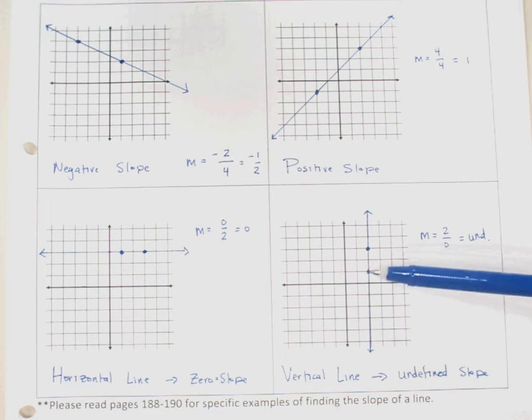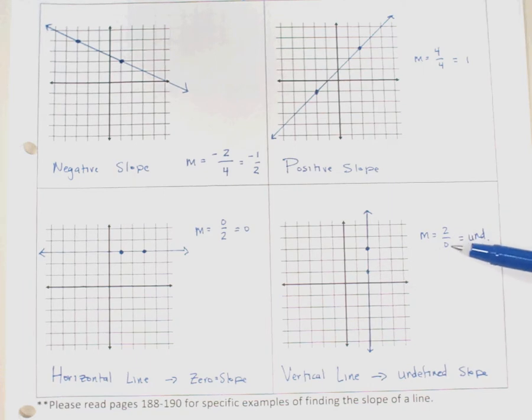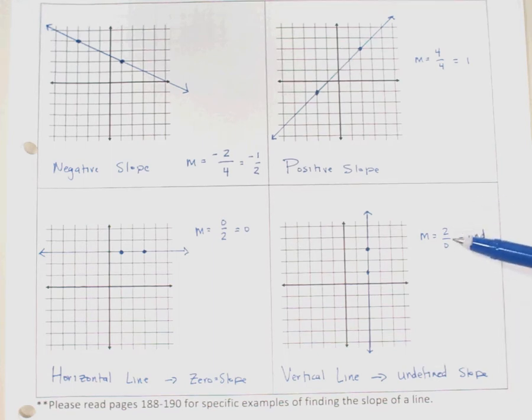So here are two points. I count up 2, so my numerator is 2. I do not move left or right, so the denominator is 0. 2 divided by 0 is undefined. The reason it's undefined is we have a fraction as part over the whole. If our whole is 0, then we have nothing that we can take a part of.